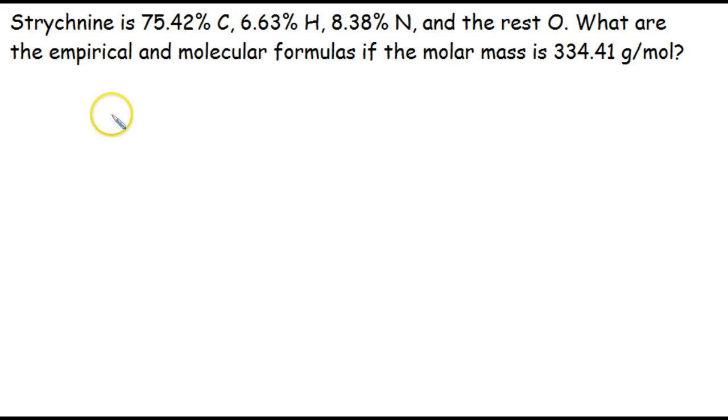Okay, so let's start by listing what we have, and remember, if you're given percentages, just change it to grams because we assume 100 grams of sample and say our percentages are equal to the amount of grams.